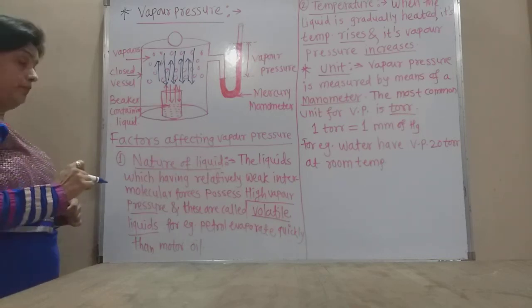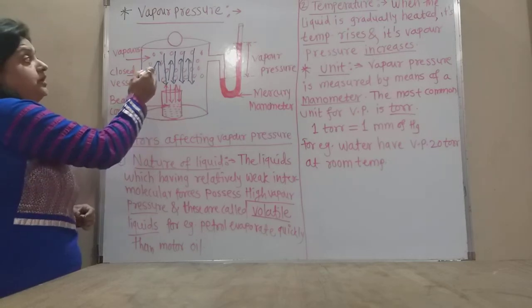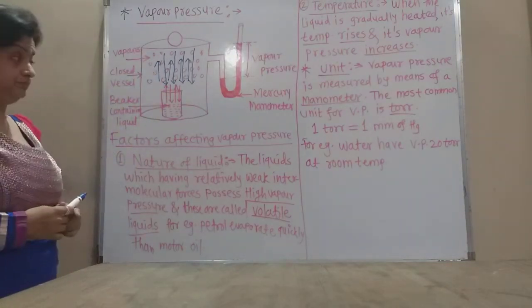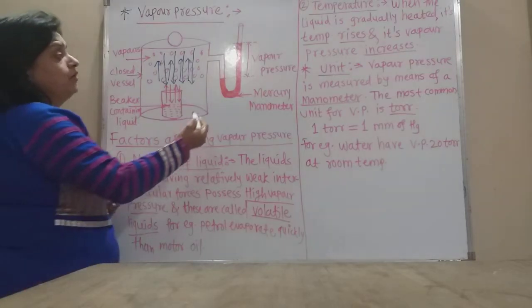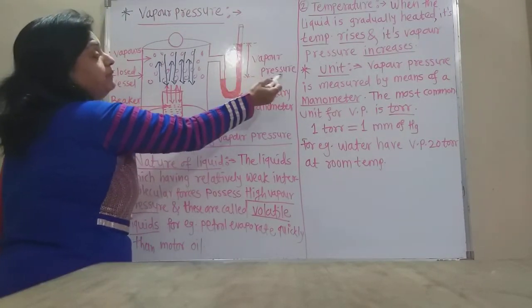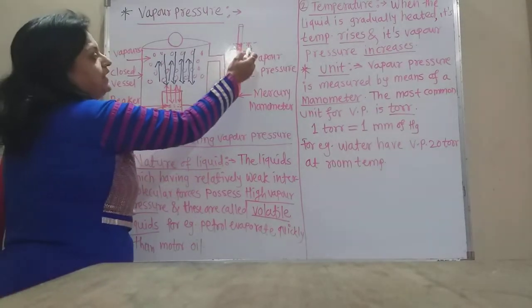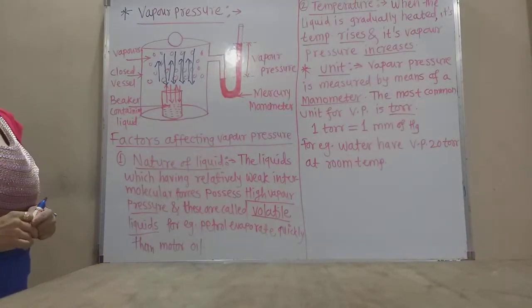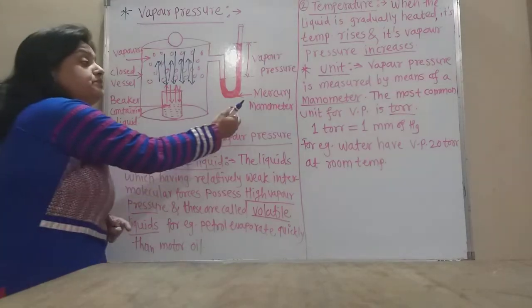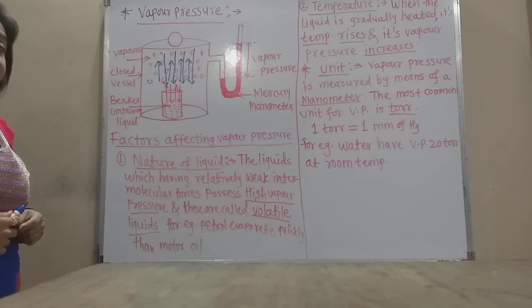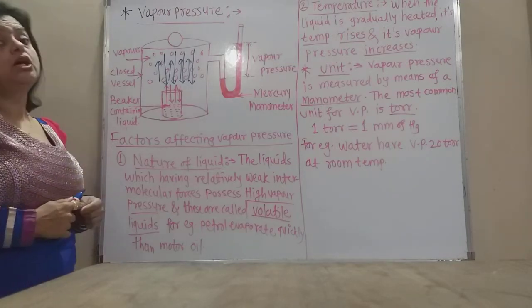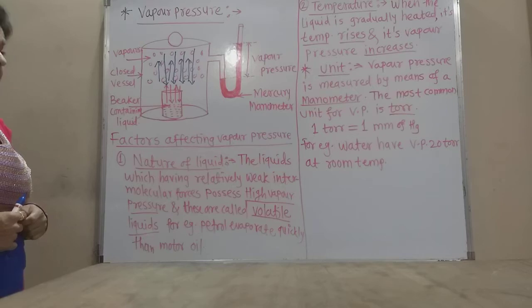When the rate of evaporation and rate of condensation become equal, at that equilibrium position we can measure the vapor pressure. These are the mercury levels, from which the vapor pressure of the liquid is measured in torr using this mercury manometer. Torr is the most common unit to measure the vapor pressure of a liquid. 1 torr is equal to 1 mm of Hg, millimeter of mercury.